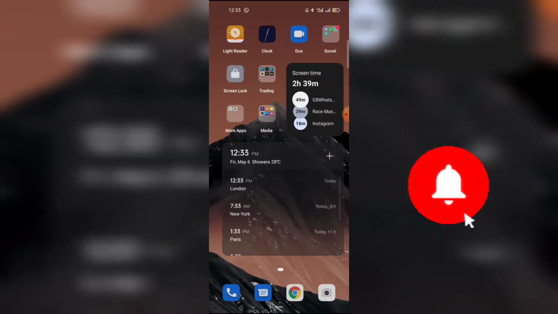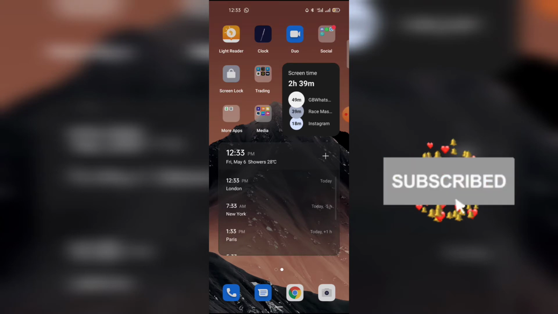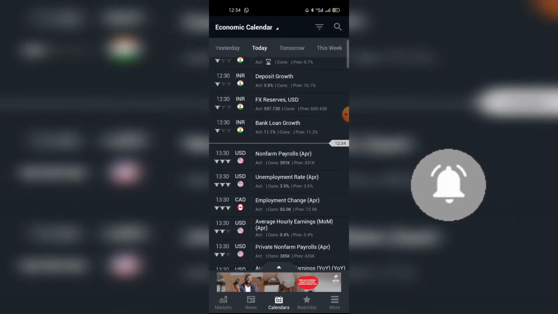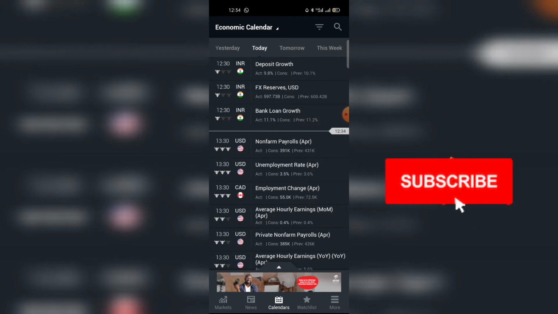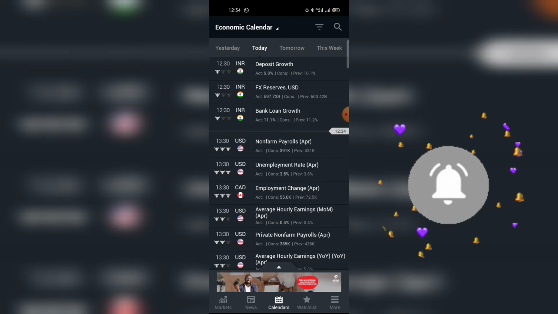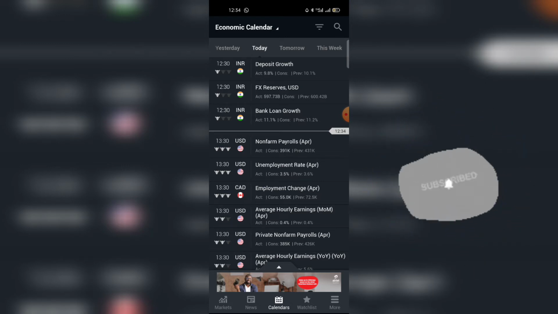It's a major, high impact news. The news affects the US dollar.